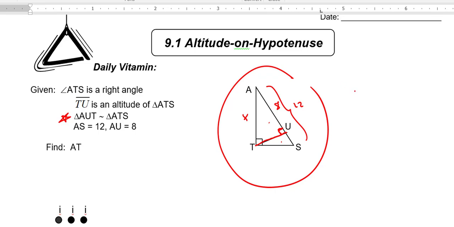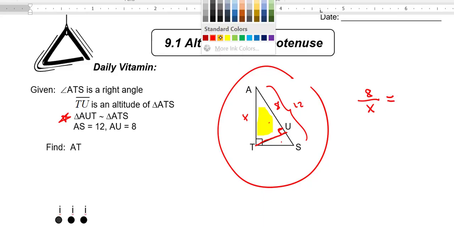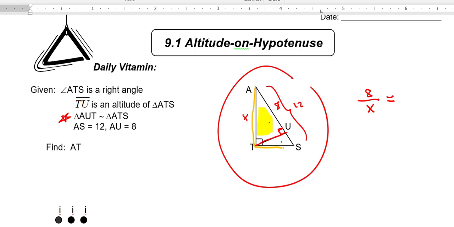For the smaller triangle, if I focus on that triangle, I can write a ratio of 8, which is the longer leg of that right triangle, over the hypotenuse, equals, and then if I focus on this big right triangle right here, I know that the longer side of that right triangle is X, and the hypotenuse is 12.